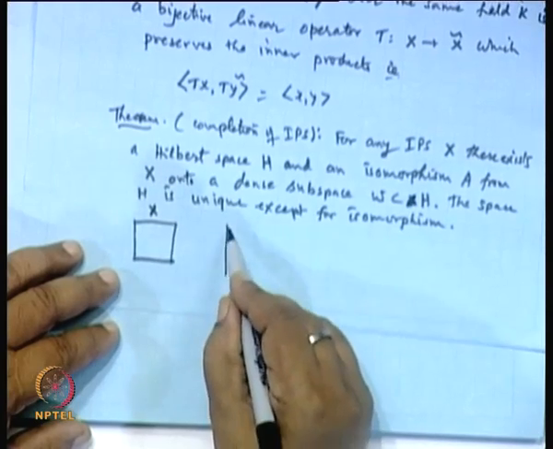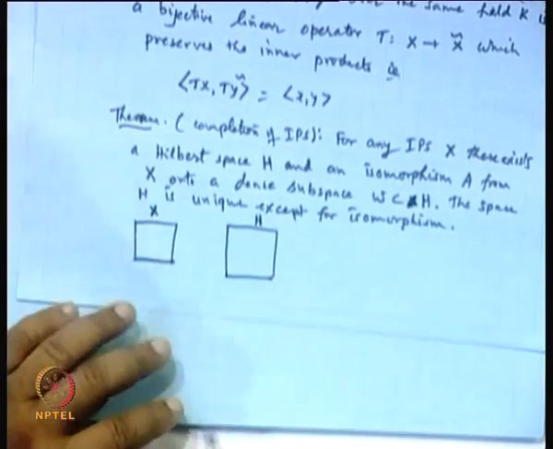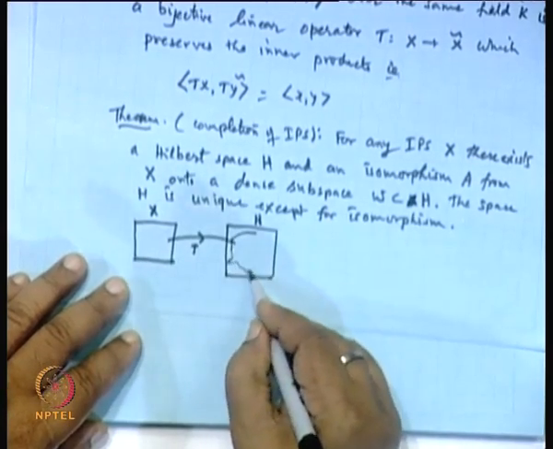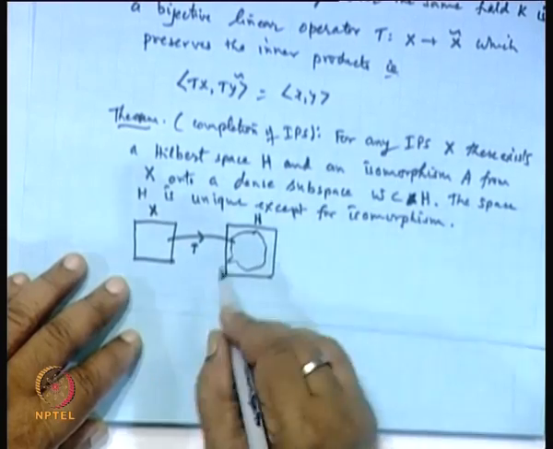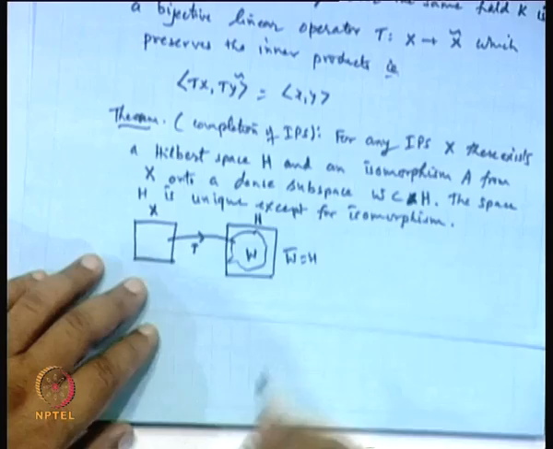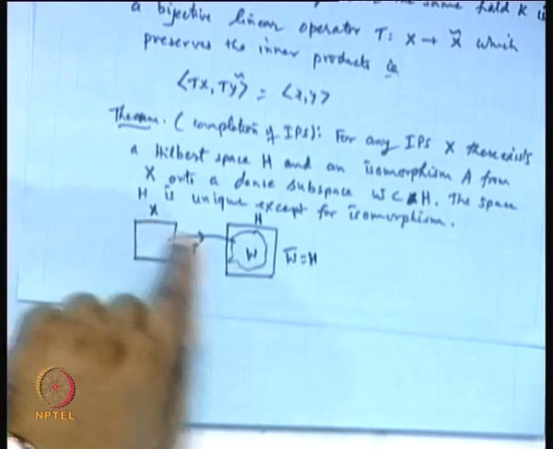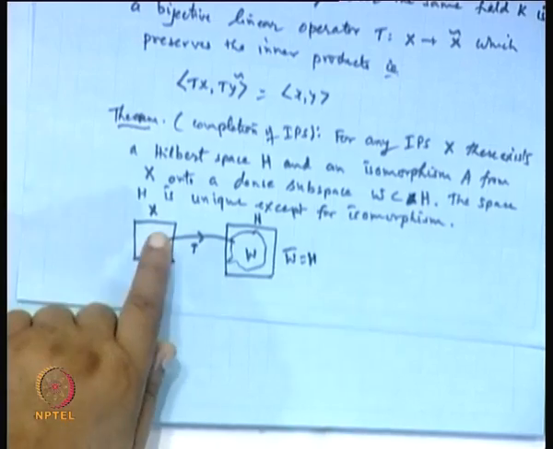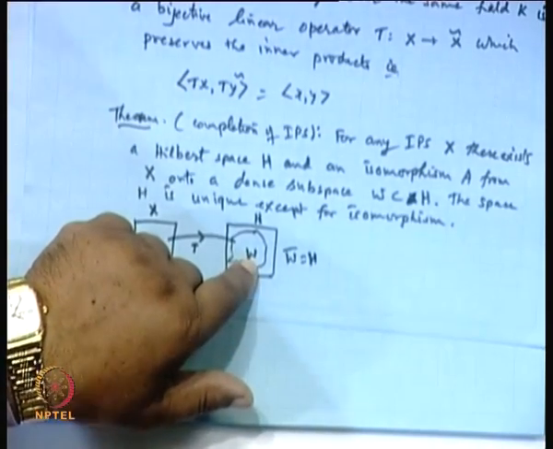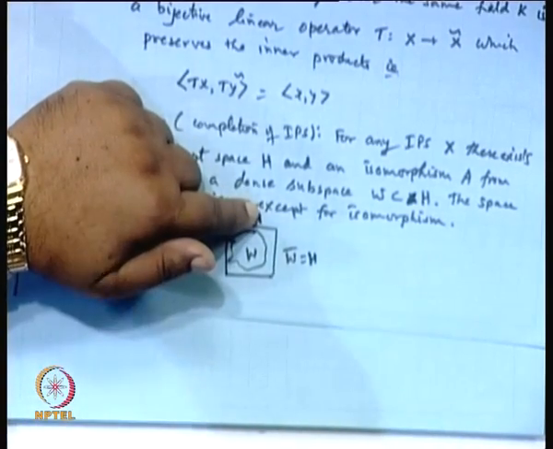What we can say is, we can always find a complete inner product space, say H, a Hilbert space, and an isomorphism T can be defined from X into W such that the closure of W is H, that is, W is dense in H. So a 1-to-1 mapping can be introduced from X to W, which preserves all the operations of X and W. So basically X and W are identical spaces, they behave as if they are carbon copies of each other, and once they are carbon copies, the closure of this is H. So only the limiting points are the extra points.